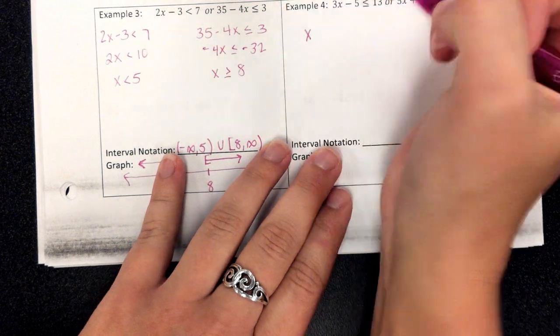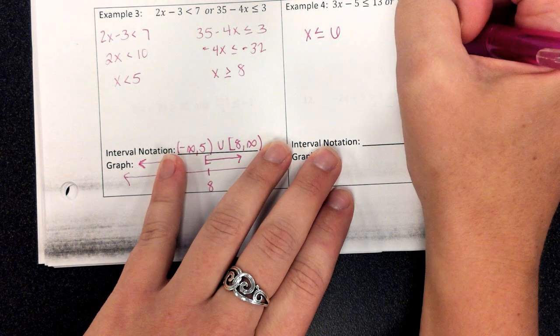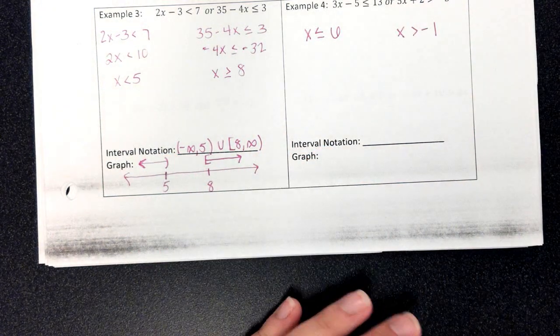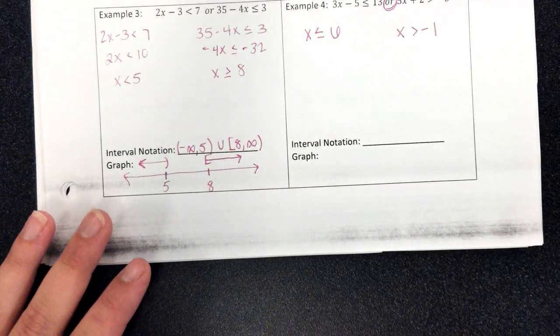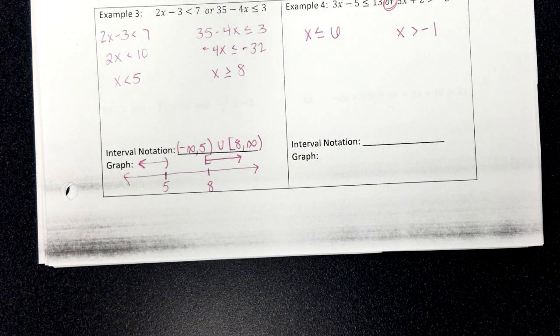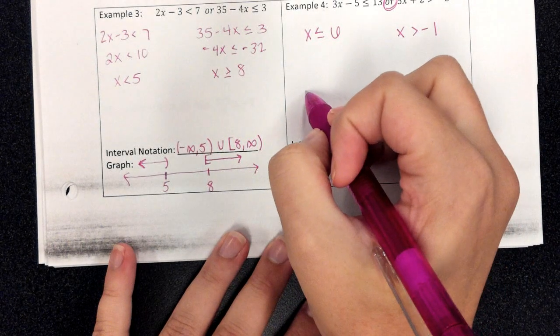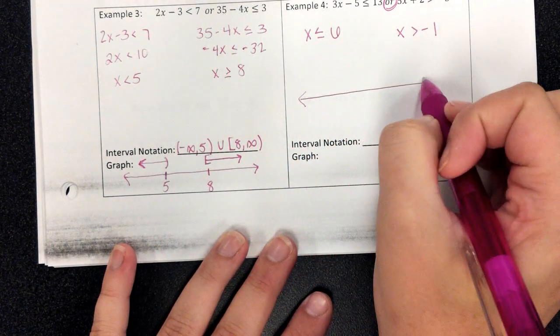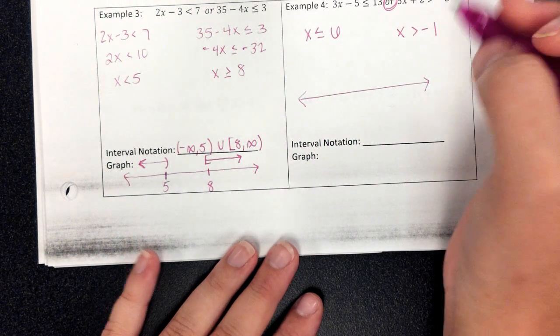X is less than or equal to 6, and X is greater than -1. Because this is an OR statement, we're not stopping them, okay? So I'm going to draw this graph up here so that you can really see it. So my first one, X is less than or equal to 6.